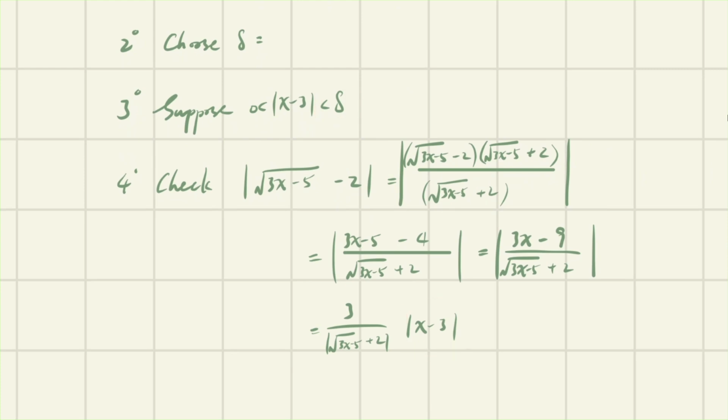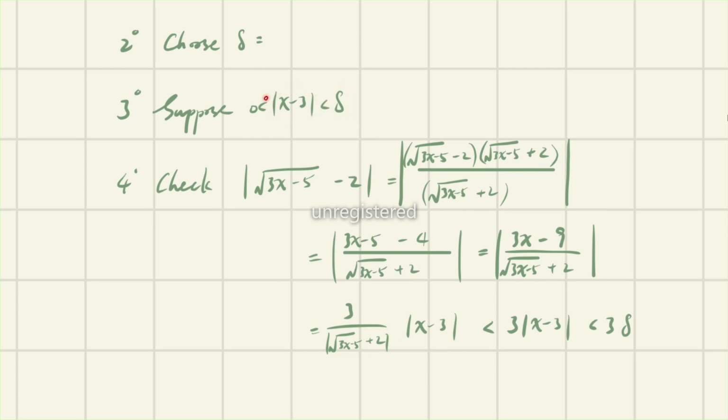So this is basically just a random constant k, right? And either way, it's going to be greater than 1. So we can just say that everything that we have is smaller than 3 times the absolute value of x minus 3, which is smaller than 3 delta, because the absolute value of x minus 3 is smaller than delta.